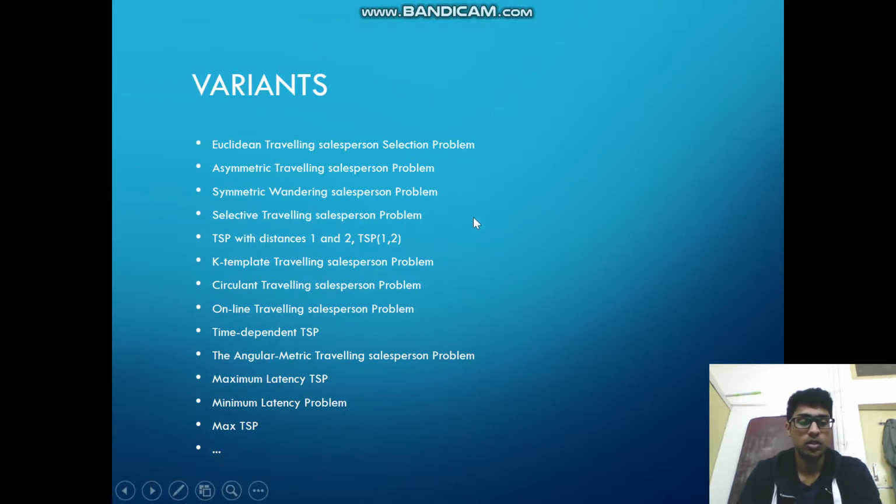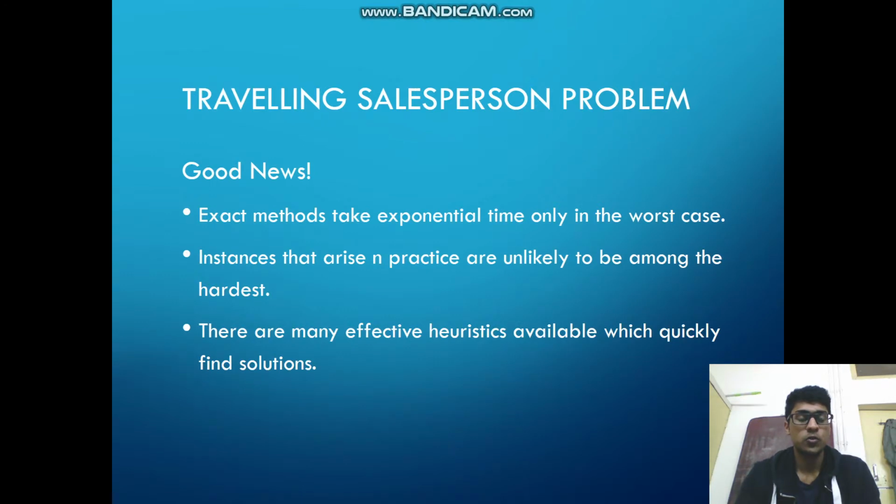And there are a lot of variants of TSPs, but we don't need to go in depth. But the good news is that exact methods take exponential time only in the worst case instances, which are actually rare in real scenarios. And also there are many effective heuristics available which quickly find solutions.